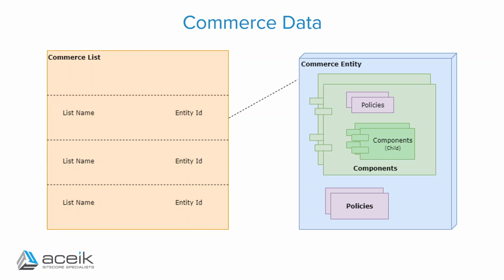So it's really hard, it's not relational data where you can run queries easily to fetch the data, because all the data is stored as a JSON blob, which is the commerce entity. And then every entity is assigned to a list. If you think about a NoSQL database, where you have objects and then collections, it's the same, but NoSQL in a SQL database.